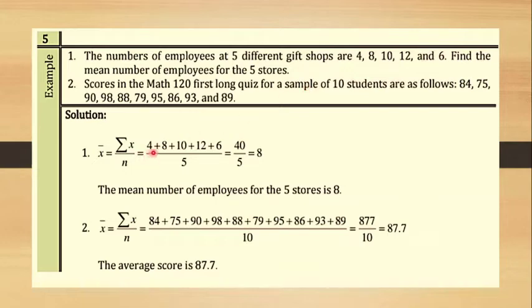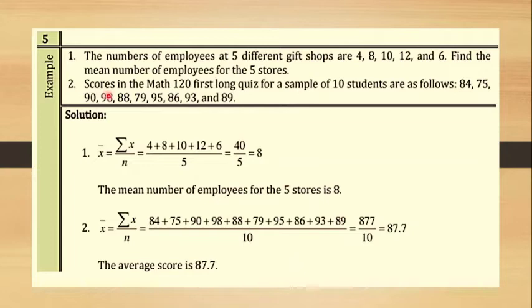So, 4 plus 8 plus 10 plus 12 plus 6 is equals to 40 all over. Yung N mo dito is the number of X. Kung ilan yung X mo. 1, 2, 3, 4, 5. So, substitute mo lang yung 5 dito sa N. So, 40 over 5. So, simplify. 40 divided by 5 is equals to 8. So, the mean number of employees for the 5 stores is 8.